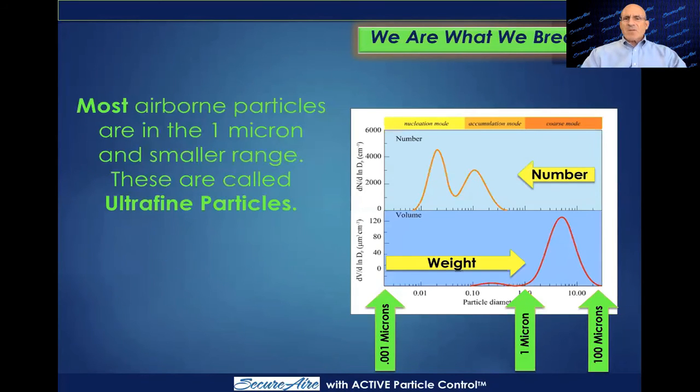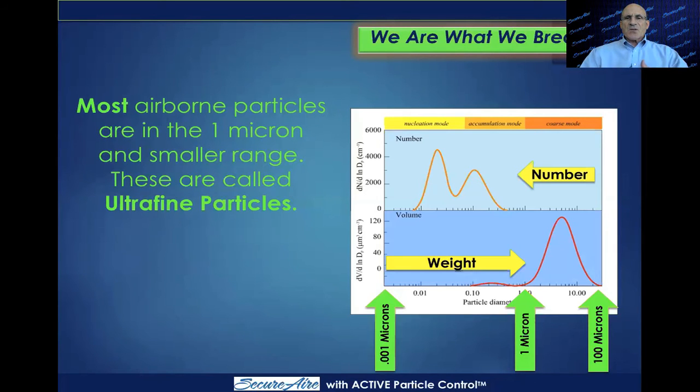The bottom part of this graph now shows weight. And it shows that the largest particles comprise nearly all of the weight. So if you were to measure particles by weight, which Air Advice does, for example, a very fine product which I've always recommended, measures particles by weight, micrograms per cubic meter. Micrograms, grams are weight.